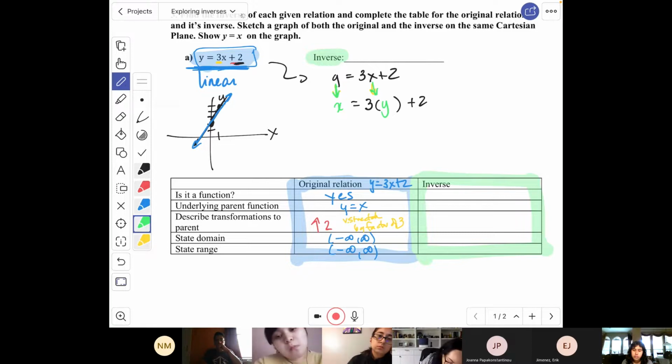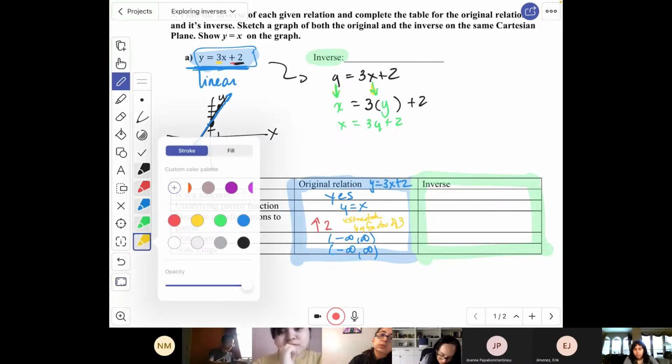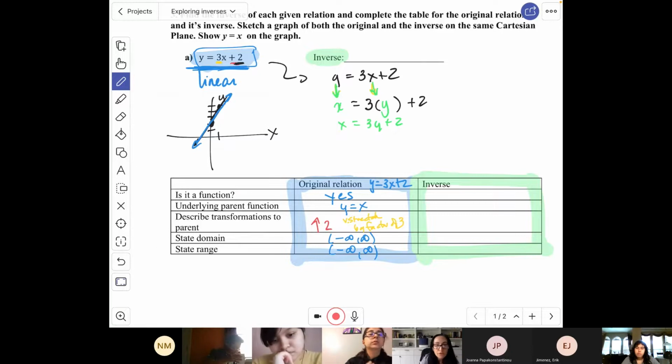So now if I have this, I can just solve for y. So if I'm solving for y, what would I do next? Can you tell me? If I'm solving for y. Subtract 2 on both sides. Okay.